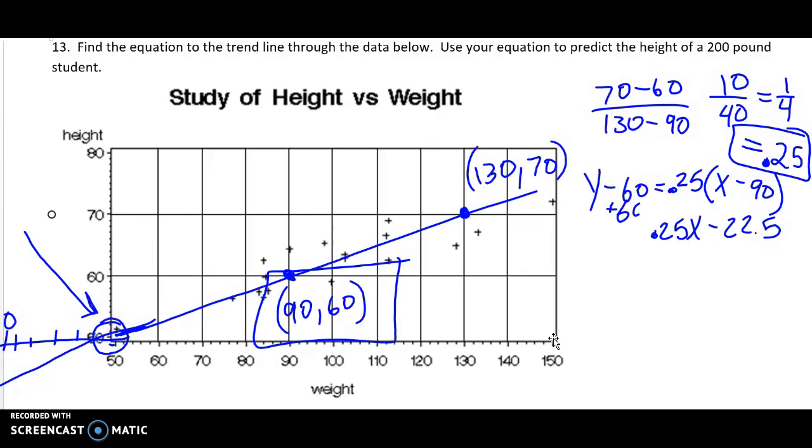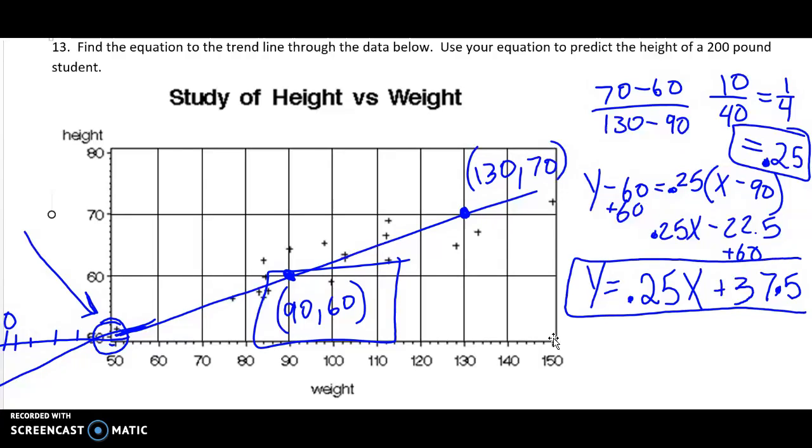Add 60 to both sides, and I get y equals 0.25x plus, what have we got? 37.5. Is that correct? Is my math right? I think it is. Yes, good. So, again, you're not going to have the exact same slope or y-intercept, but as long as you're close, then you're good. A lot of right answers here.